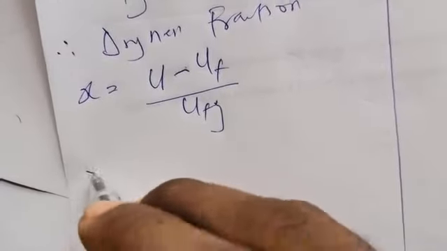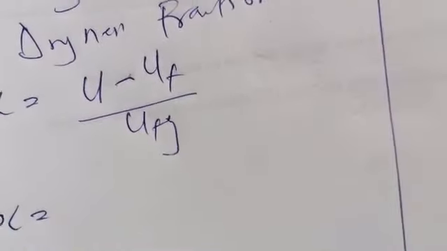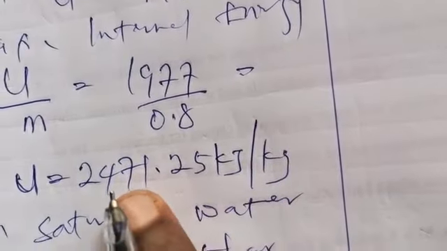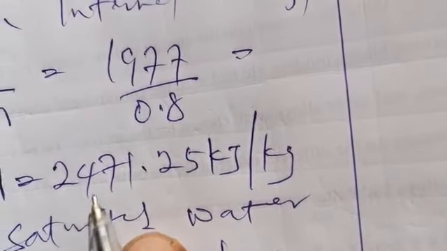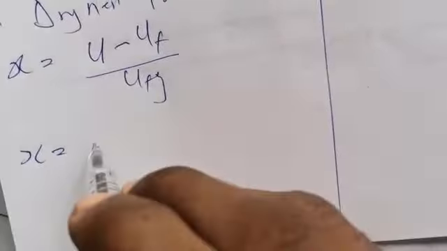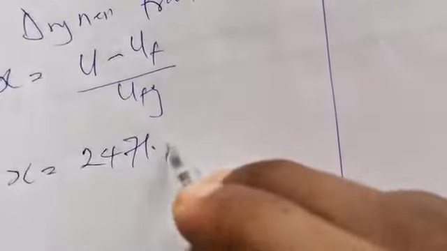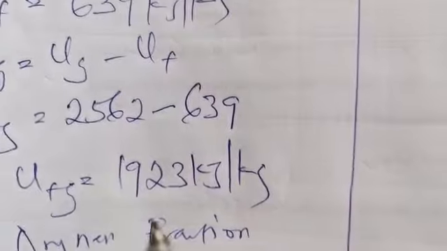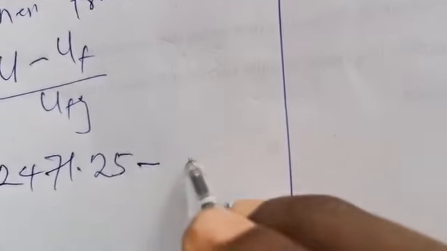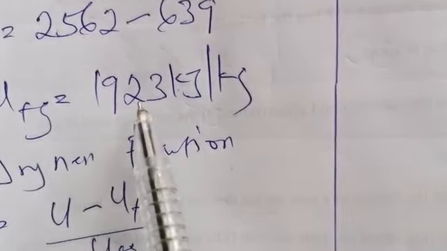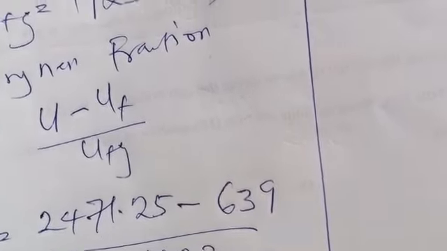That is, X equals specific internal energy, which we obtained earlier as total internal energy divided by mass, 2471.25, minus UF, the specific internal energy of the fluid, which is 639, all over UFG, which we obtained to be 1923.